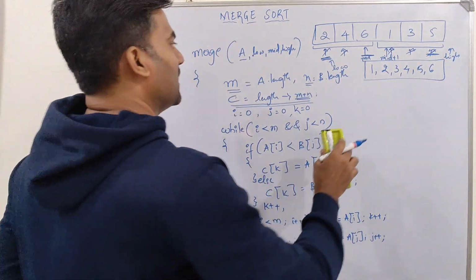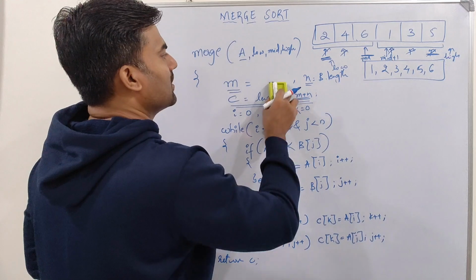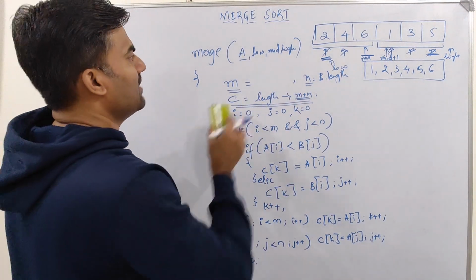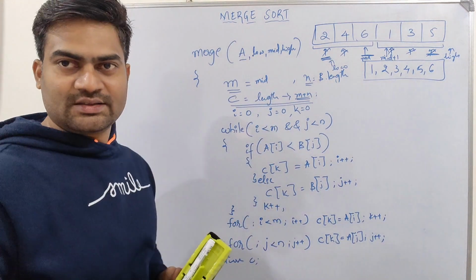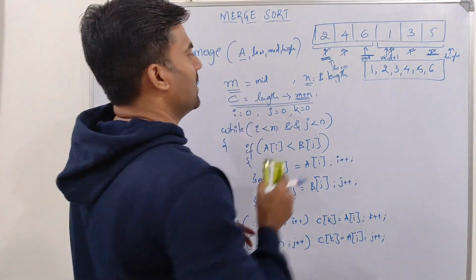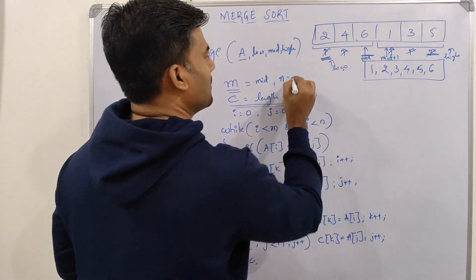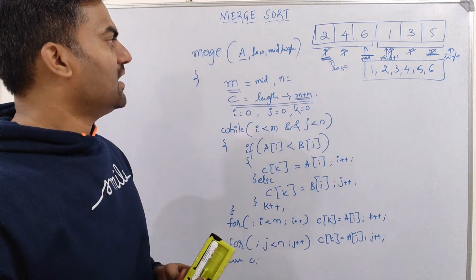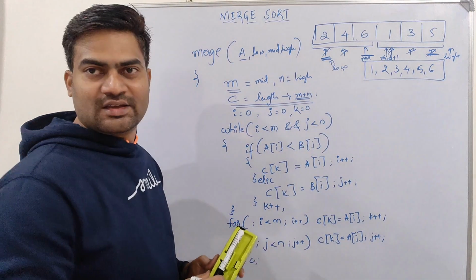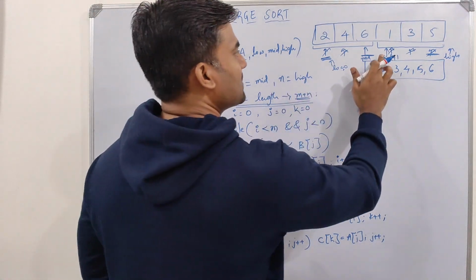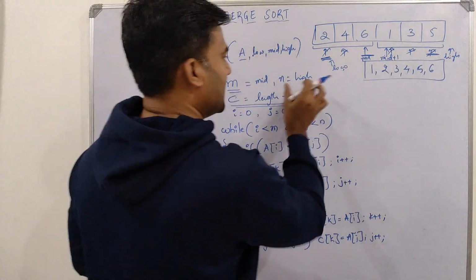Then what I will do: maybe my M will be mid, and my N will be, mostly, high only. Why high? Because the second array's first value starts from mid plus 1, so its highest index is high.